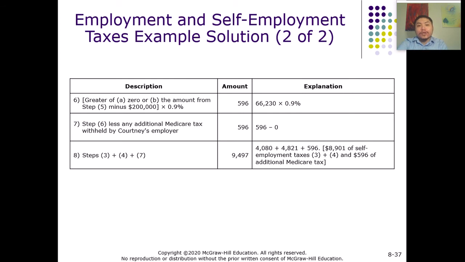Because if her employer already withheld the additional Medicare tax on the compensation, we don't want her to pay that again, because the $596 here is the additional Medicare tax for both self-employed activities and employed activities.